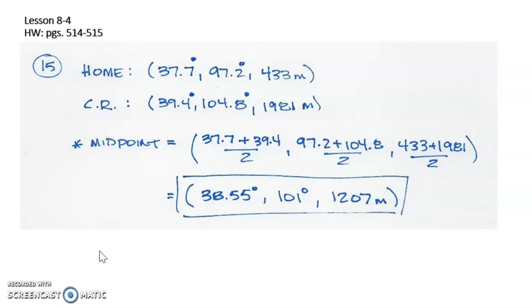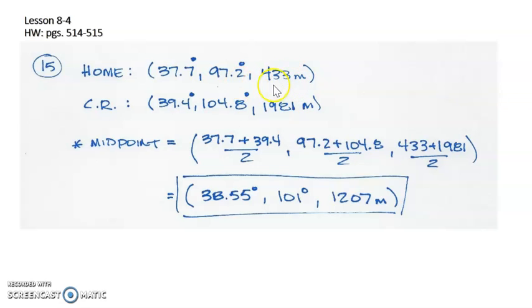And so for 15, we have a family, they're in Kansas, and these are their home coordinates, and they're going to Castle Rock, Colorado, and these are the coordinates there. So there's an X and a Y and a Z. Notice the different units for the Z. So this is like latitude, longitude, but then we're dealing with our Z's, our elevation.